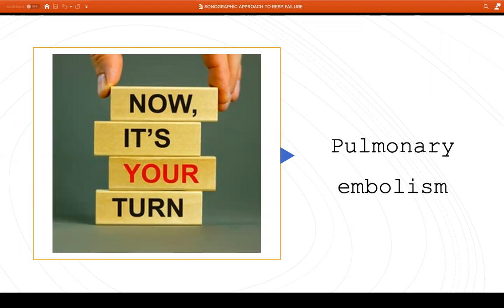Our suspicion will be raised when you get a normal A-pattern lung with lung sliding and horizontal lines in a patient who is severely hypoxic. In that situation, we have to think of a pathology of the vascular system. At the same time, in certain situations, you may get some subpleural consolidation because of infarct.